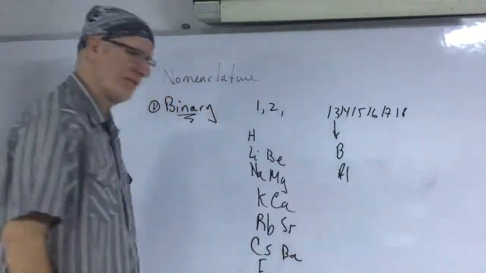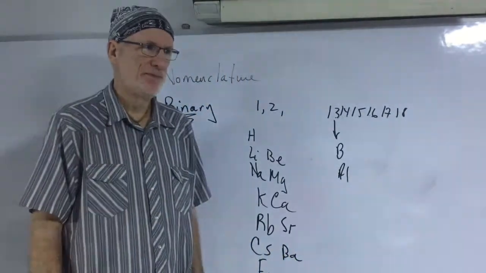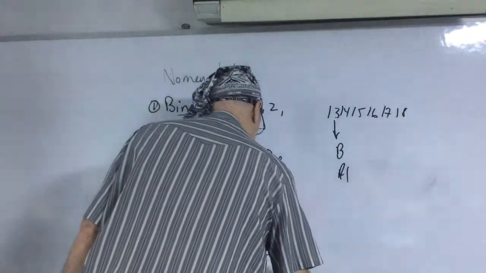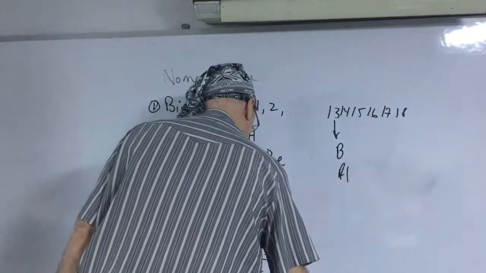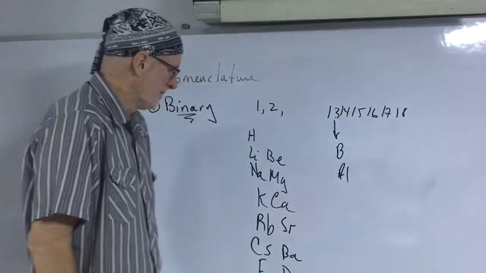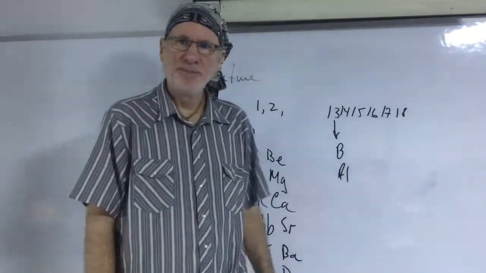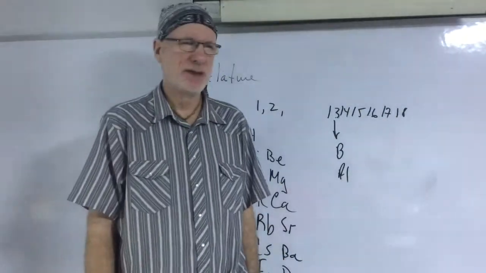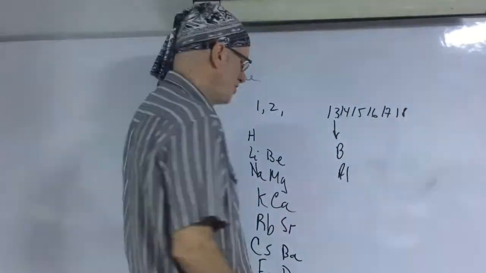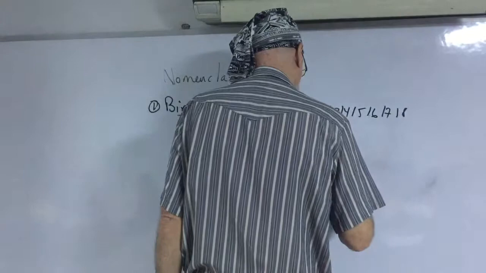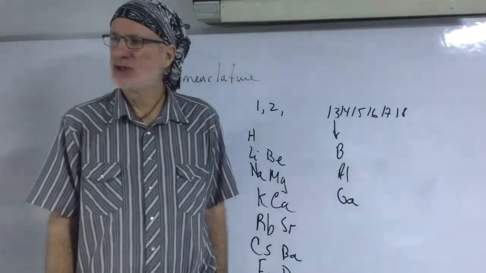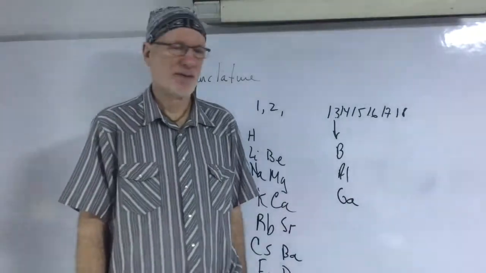And next to francium, Ra, radium, which they used in watch dials, watch numbers, glows in the dark. And underneath aluminum, we don't really use it in binary nomenclature too much. What is it? GA. What's GA? Gallium, yeah. Okay, good.